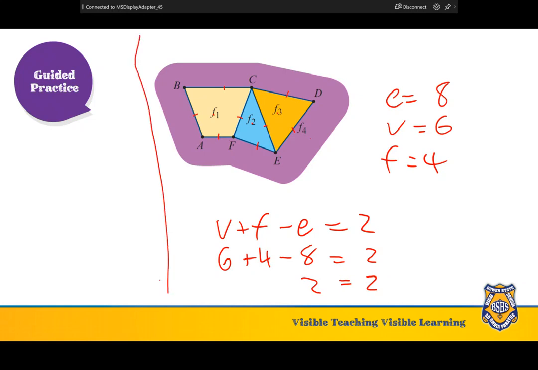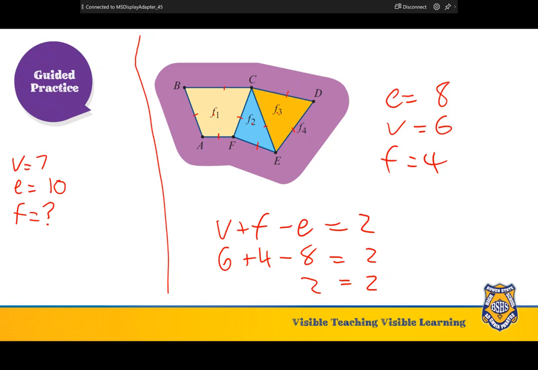I'm going to give you another one. If I told you there's some graph with 7 vertices and 10 edges, would you be able to tell me how many faces there has to be?